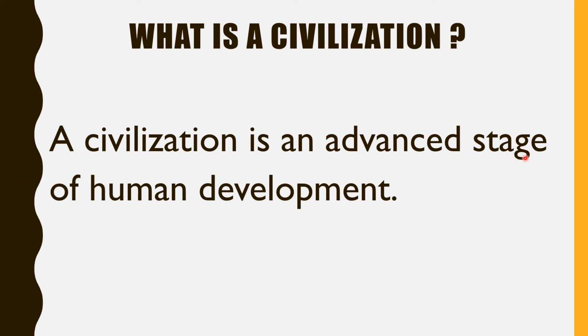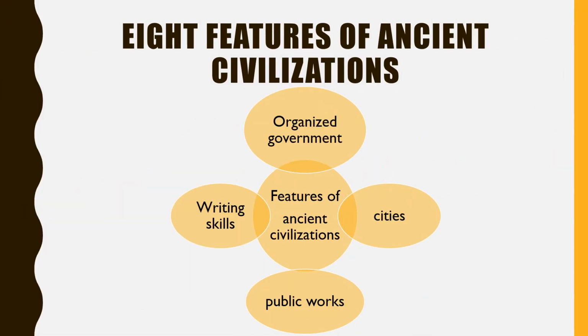Now, first and foremost, what is a civilization? A civilization is an advanced stage of human development. And here we are looking at civilization in the context of ancient society. Historians normally look for 8 basic features of ancient civilizations.